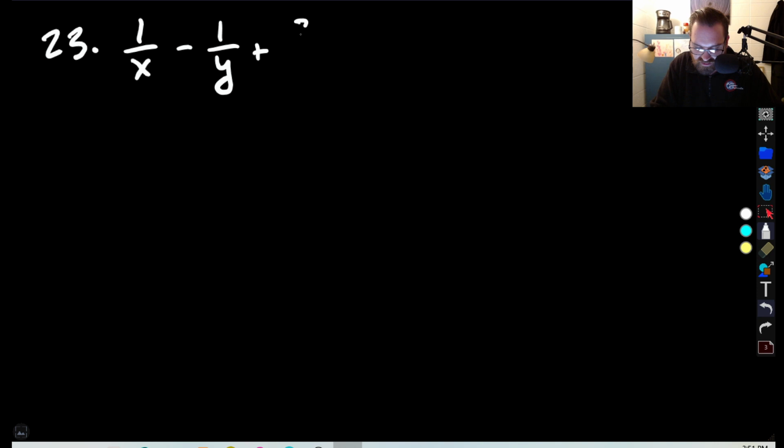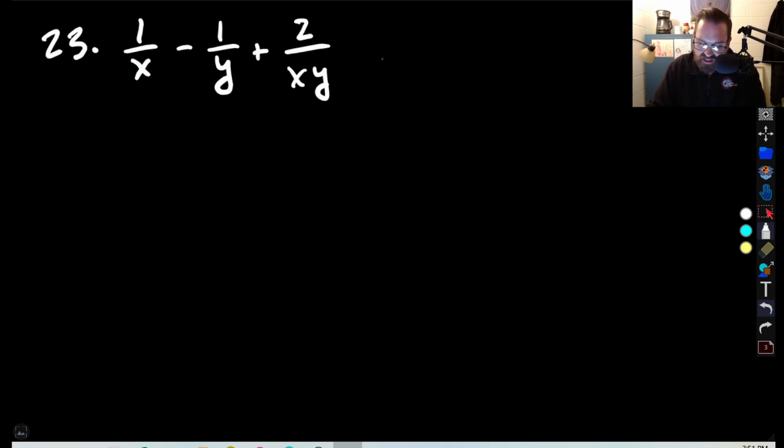All right, so this was taking certain values and substituting them in. And what I'd like to do now is look at some variable expressions. So 23, imagine I have 1 over x minus 1 over y. Actually, this one involves substitution as well, so I think I jumped the gun on that one. Plus 2 over x times y.